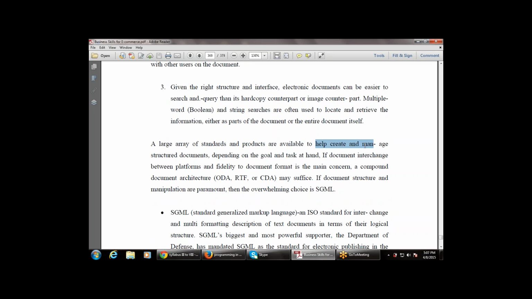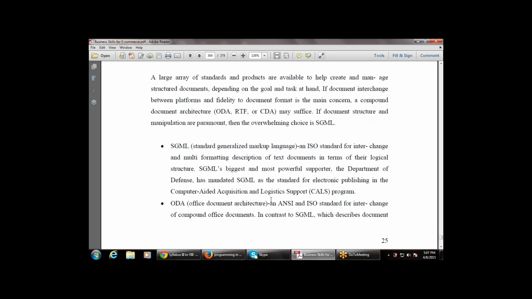A large array of standards and products are available to help create and manage the structured document. It depends on the document structure architecture, that is ODA, RTF, CDA. If the document structure is of paramount importance, then we use SGML, the Standard Generalized Markup Language.